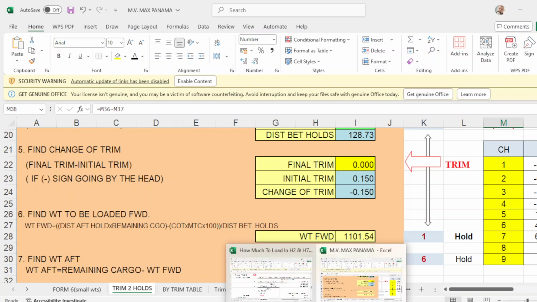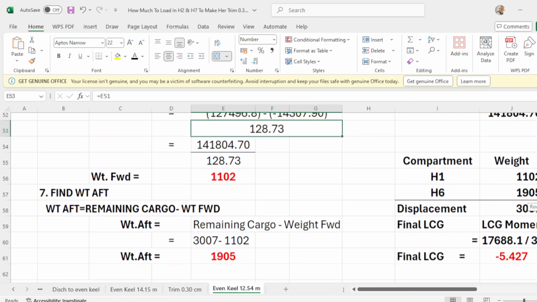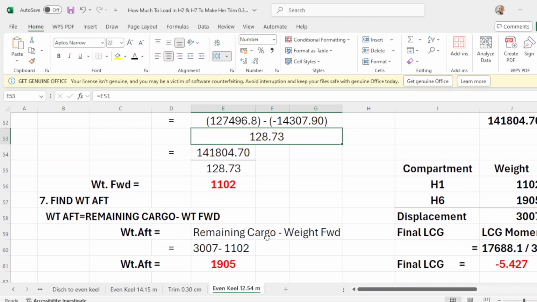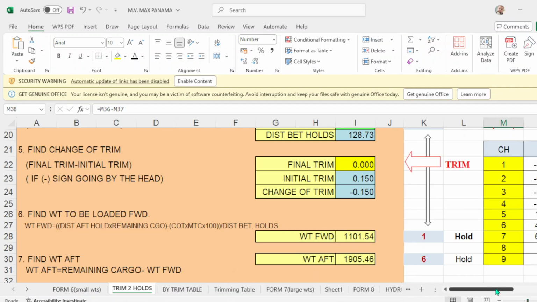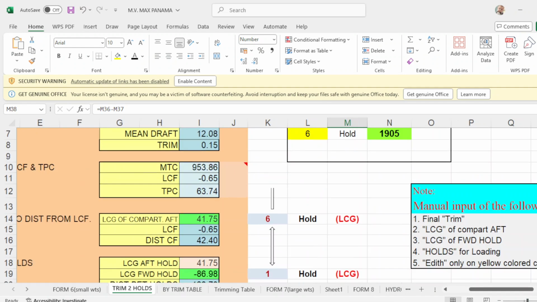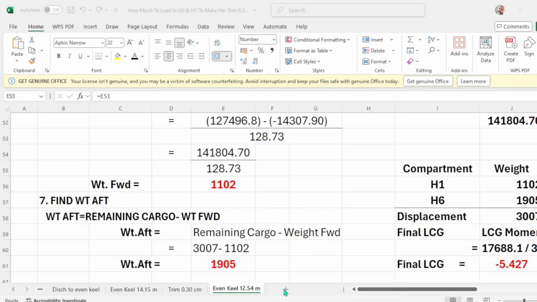Your hold number 6 will be your remaining cargo to load minus your forward weight. So 3,007 minus 1102, hold number 6 will be 1905. Okay? Or this one. 1905. Continue.